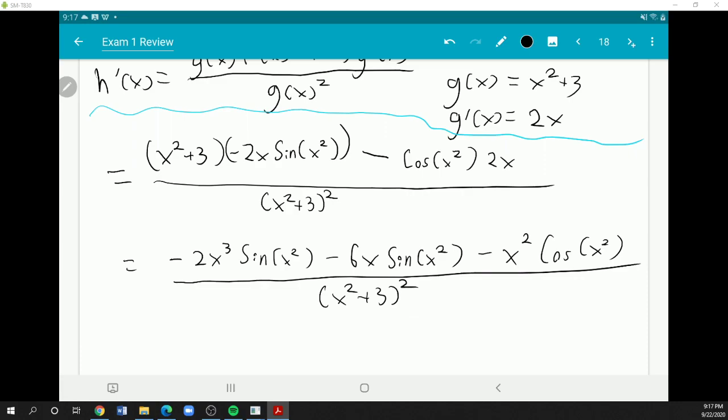So I look through, no terms cancel on top, and the bottom is as nice as it gets. So that would be the derivative of this function.